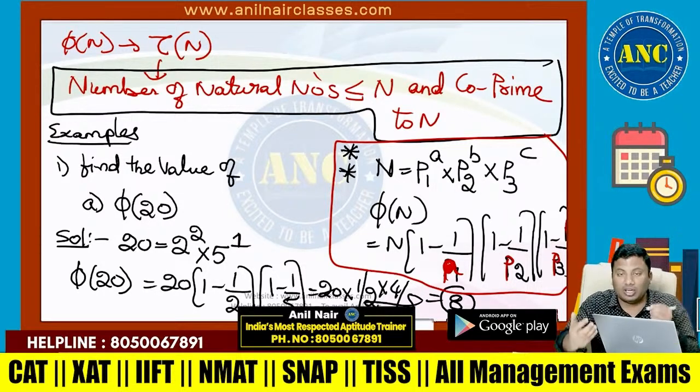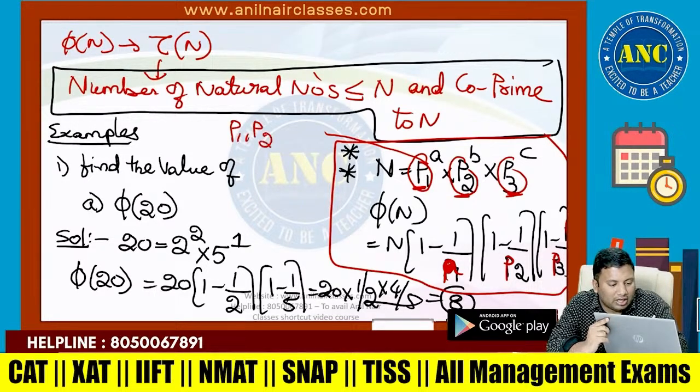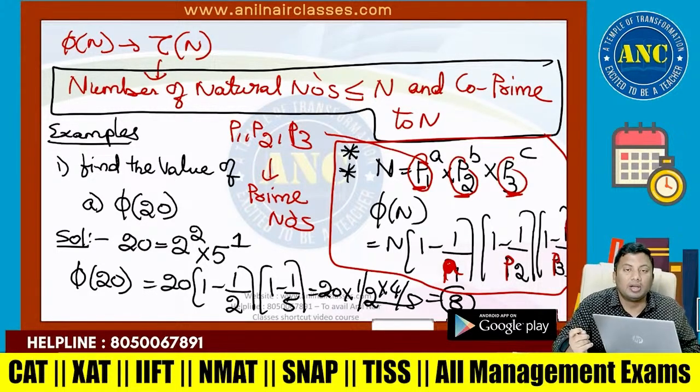There is a confusion in previous textbooks, they write it as A, B, C. That's the reason. What are P1, P2 and P3? P1, P2 and P3 are prime numbers.